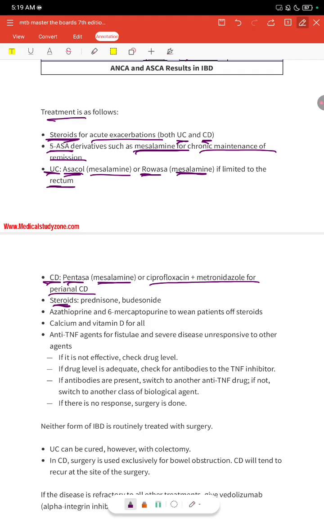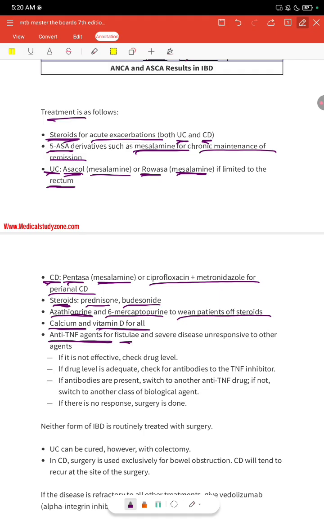Steroids, prednisone, budesonide, azathioprine, 6-mercaptopurine to wean patients off steroids. Similarly, calcium and vitamin D for all, anti-TNF agents for fistula and severe disease unresponsive to other agents.